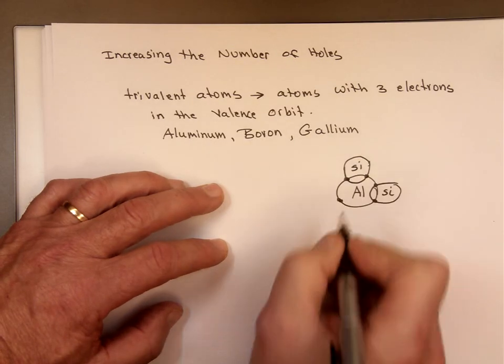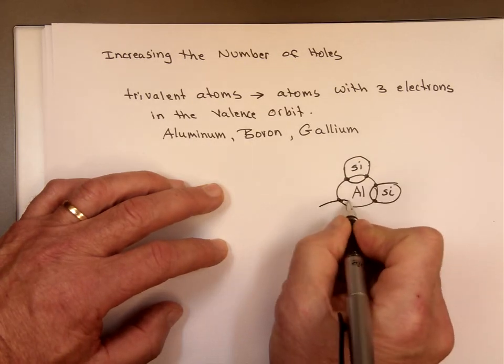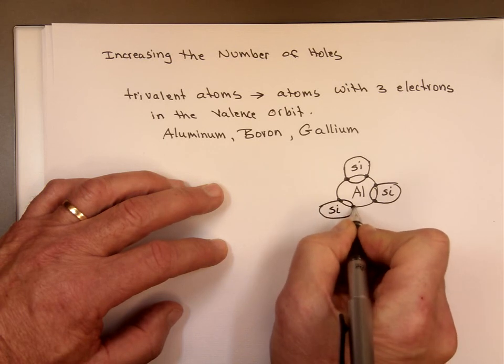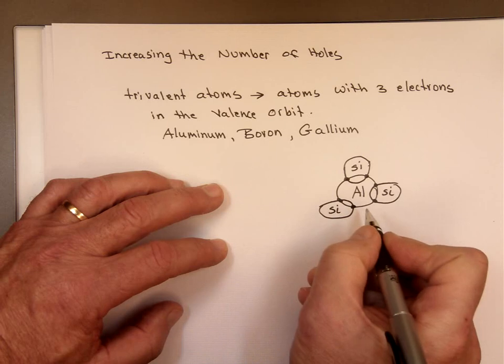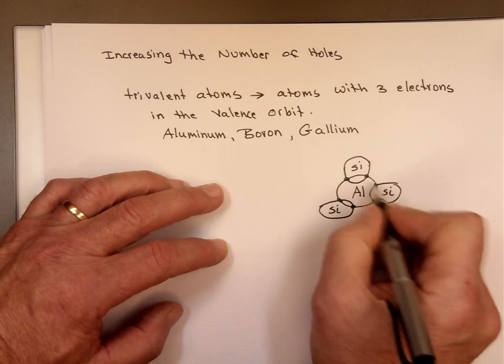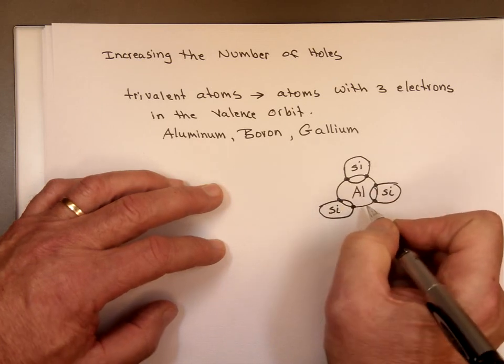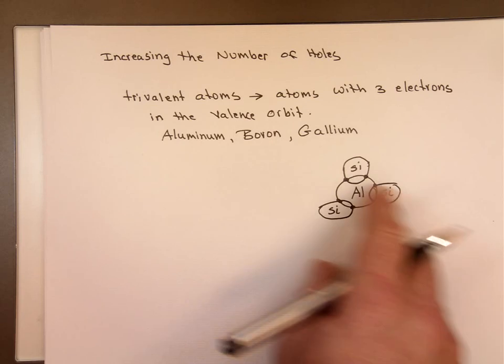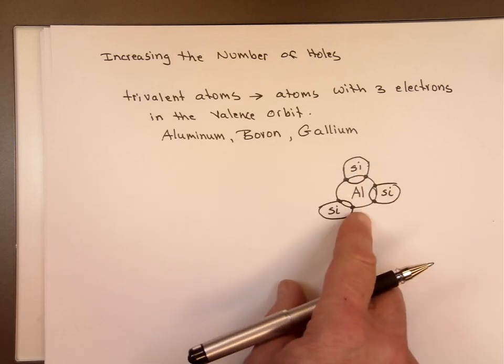A third one comes in and shares this one. That's a silicon. 1, 2, 3, 4, 5, 6. It's like, uh-oh. What happened? We've got sharing this one, sharing this, sharing this.